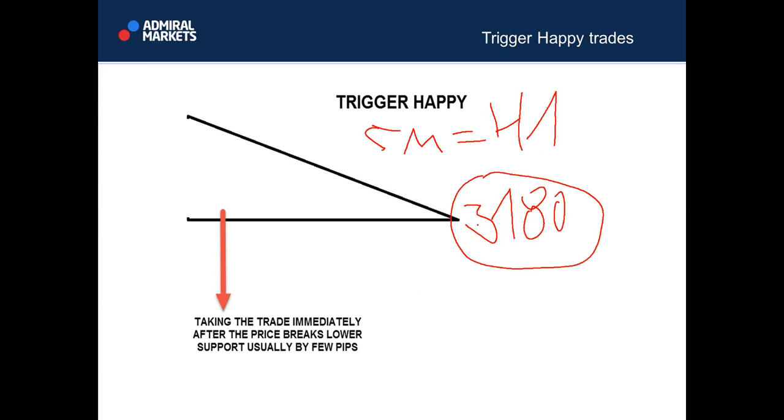You can spot this triangle on 5 minute, but maybe it could also be spotted on 1 hour, or maybe just on 5 minutes, or maybe just on the 1 hour time frame. But still, 31.80 is the level which you trade. Why? Because you're going with a Triggerhappy Trade. I will show you later breakout retest and breakout pullback continuation.